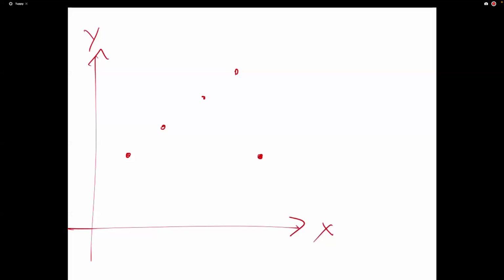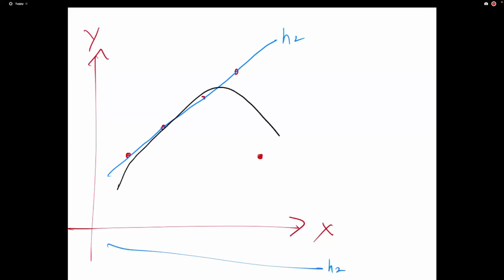and let's consider 3 different hypotheses. H1 is this line here. H2 is this line here. And H3 is this curve here. And I could ask, had H2 been the true hypothesis, what is the probability that nature would have generated this data?